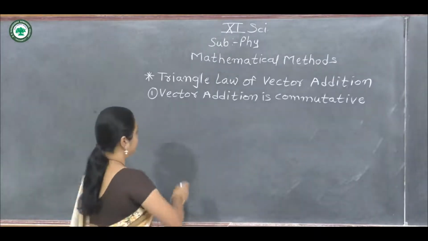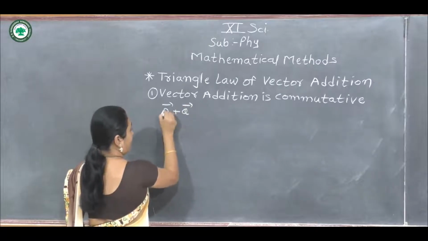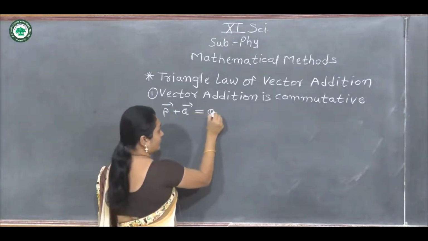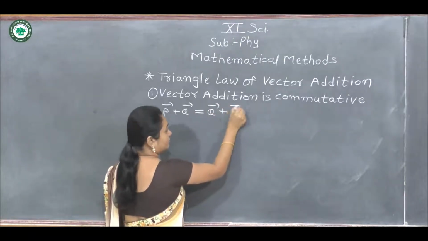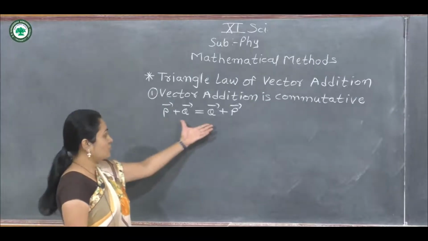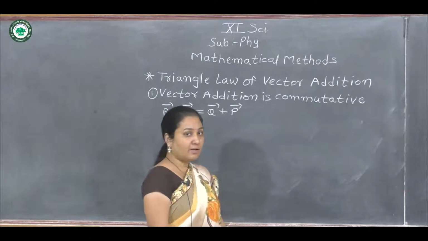That means P bar plus Q bar is equal to Q bar plus P bar. Now we have to show this. So for this we will consider a diagram.